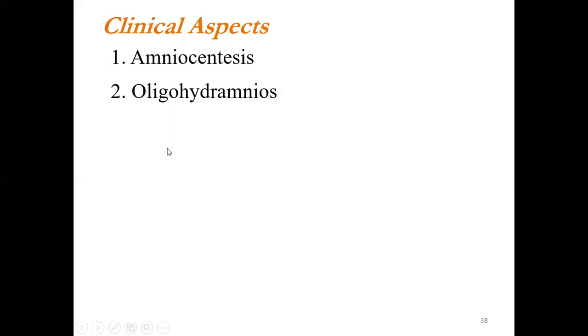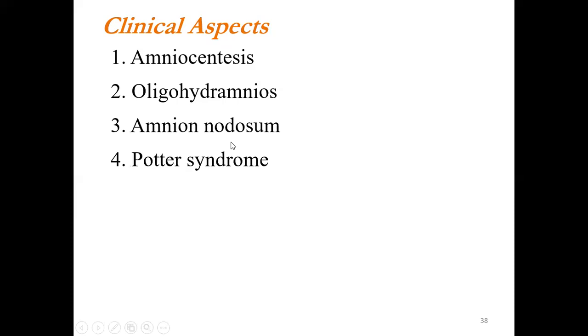Then oligohydramnios is production of a lower amount of amniotic fluid than normal. Then is amnion nodosum. Then is Potter's syndrome. Then is excessive production of the amniotic fluid, that is polyhydramnios.